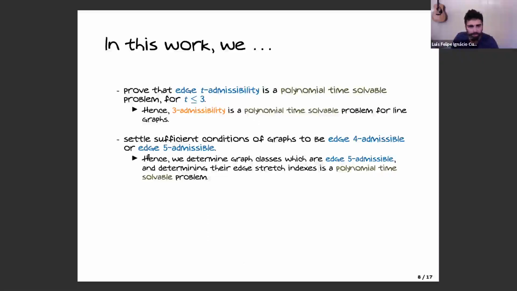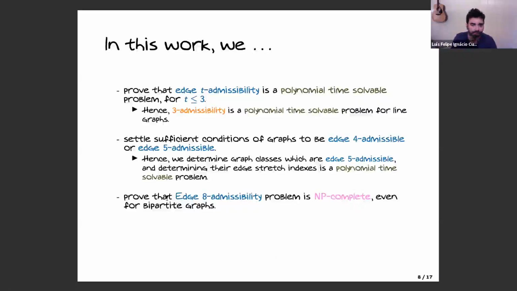And also for some classes which we prove are edge 5-admissible, we are able to characterize sufficient and necessary conditions for the graphs that have edge stretch index equal to 3, 4, or 5.